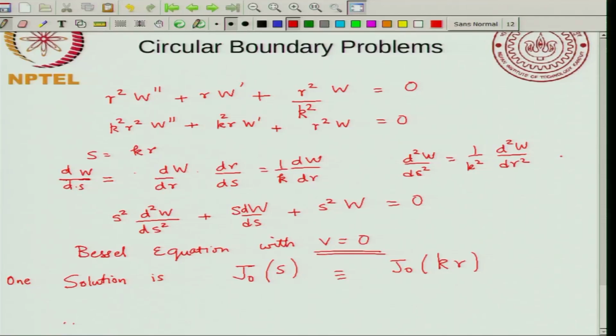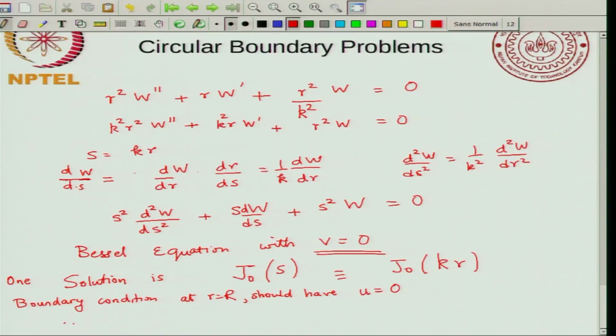Okay. So, the Bessel functions appear very naturally, and interestingly the boundary condition will be basically at r equal to R, we should have u equal to 0.